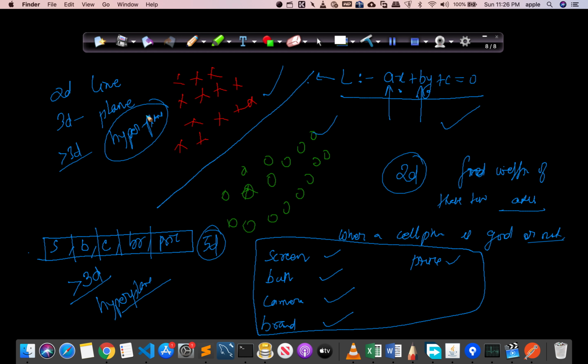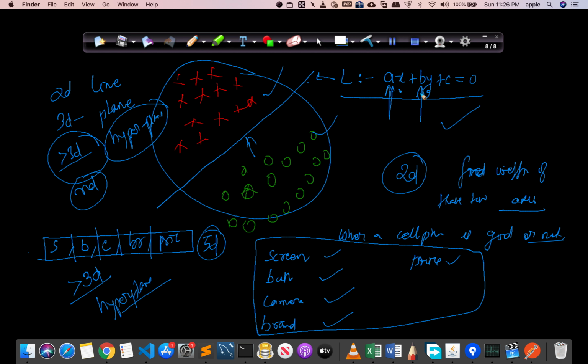Don't worry about this. All the formulas that we will calculate for 2D will also work for N dimensions in general. Now let's move ahead. We will see how to solve for this a and b, and then how to generalize it for N dimensions also.